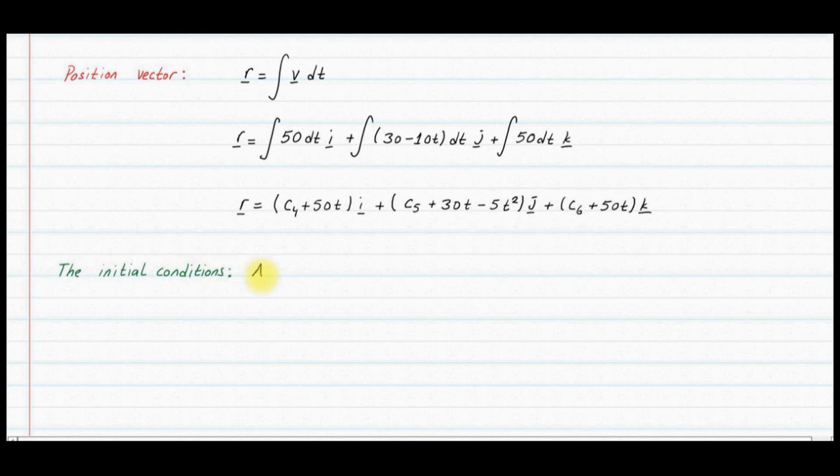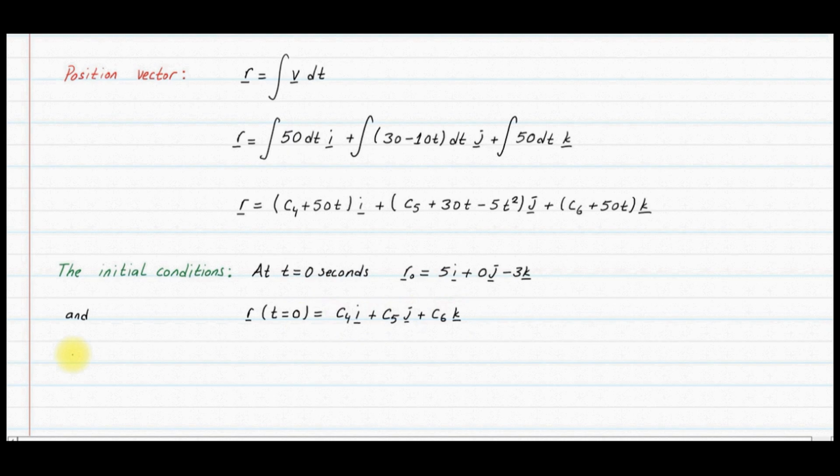The initial conditions. At t equals 0 seconds, the initial position vector r0 is equal to 5i plus 0j minus 3k. And the position vector r at t equals 0 is equal to c4 i plus c5 j plus c6 k.